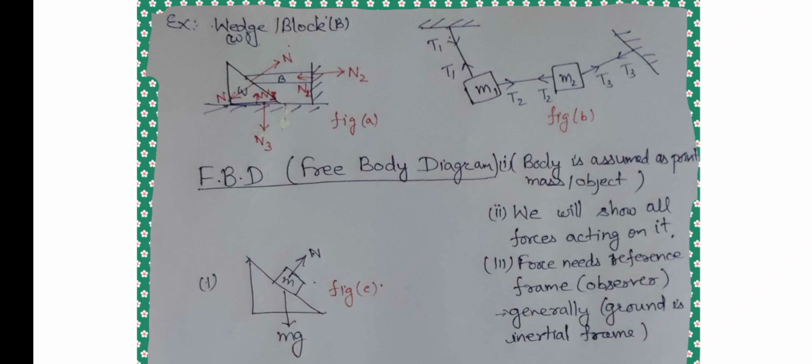If there is a rightward force, because it is always perpendicular to the contact, there will be a leftward force, because we always have to give a balanced force. So N2 and N2. This is the balanced condition. If one is a rightward force, the other will be leftward, and if one is upward, the next will be downward. This is figure A.